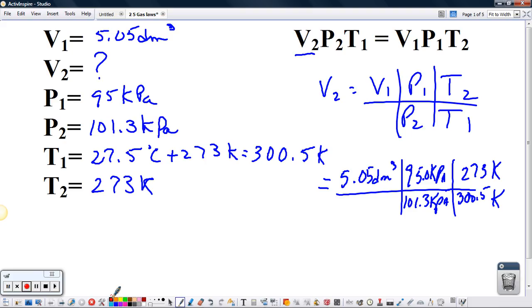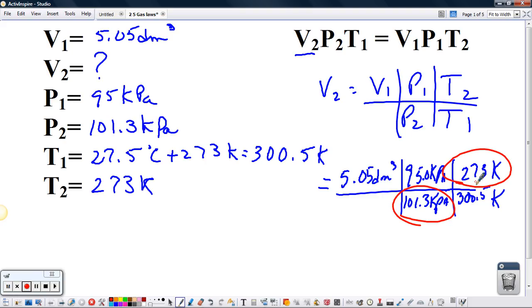When you are given standard conditions, when your problem says STP, your standard pressure and standard temperature are going to be on opposite sides of your division line. Pressure is not always going to be on the bottom, temperature always on the top, but they are always going to be on opposite sides when you use this equation, when you have the term STP in the problem. Okay? So you can kind of check, test check kind of thing whenever you're on the test.